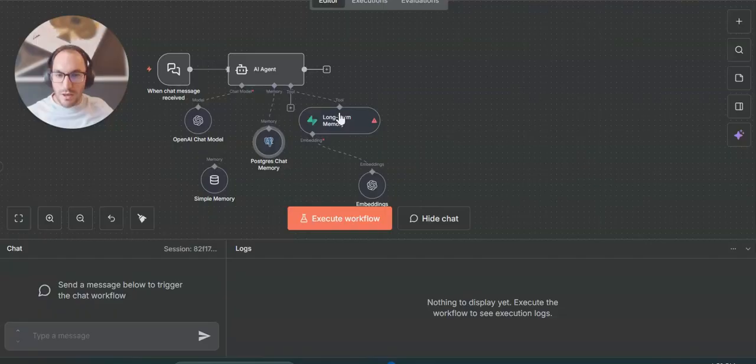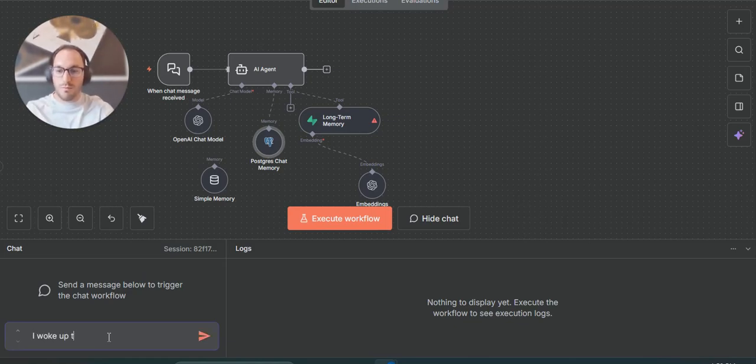Here we are in N8N again. This agent should look familiar. It's the same chatbot that we had earlier. Now we just have a Postgres chat memory and long-term memory associated with the Supabase vector database. So let's have the same conversation and see what kind of results we get.